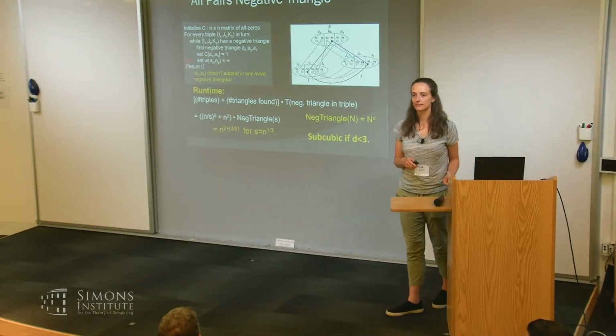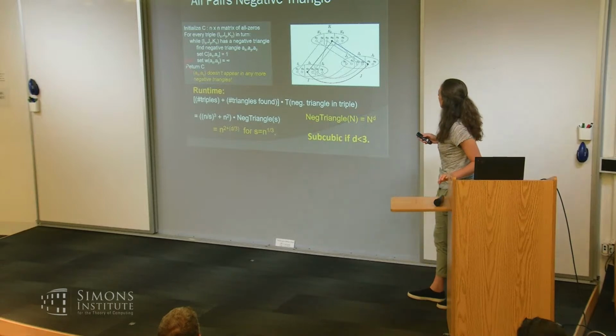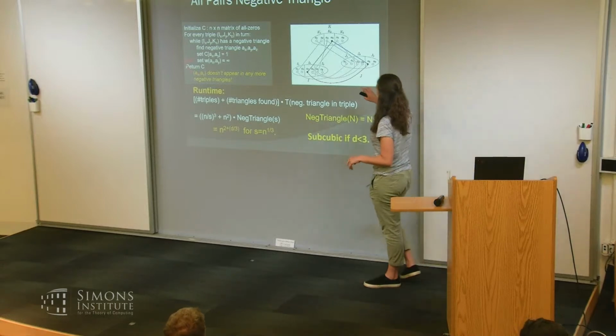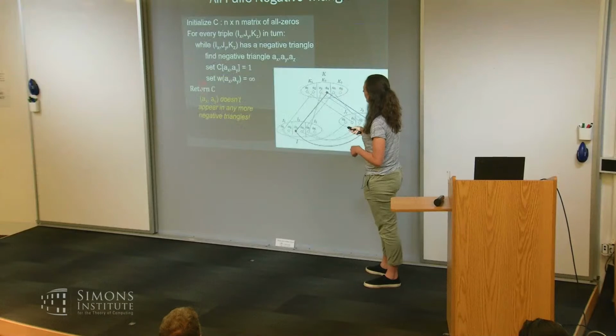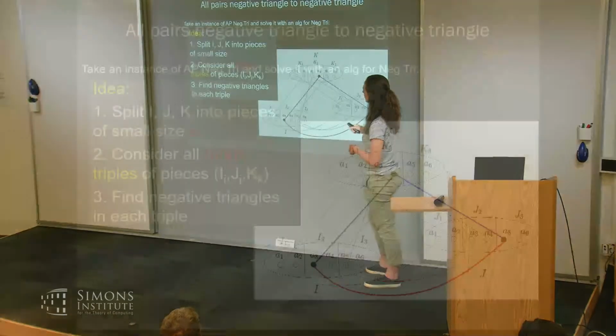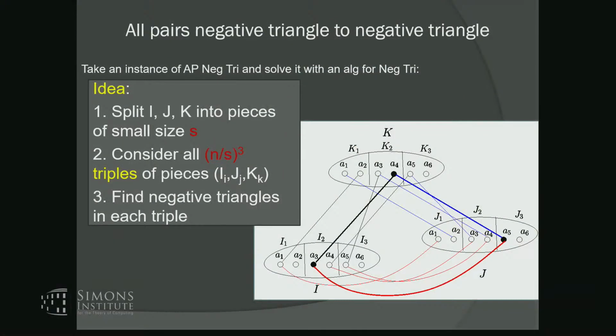What is S in this picture? Good. So in this picture, S is going to be the size of each group. So we're splitting these into pieces of size S. S is 2 here, but at the end it's going to be set to n^(1/3) in general.